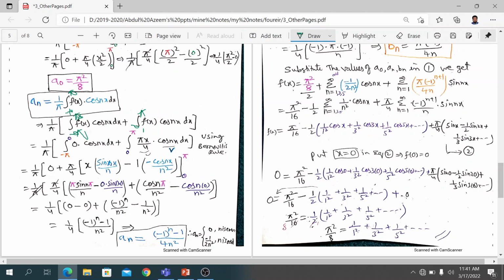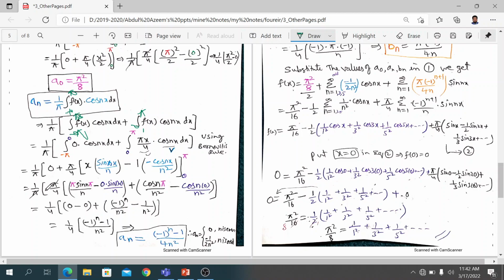Pi by 4 as it is outside. Upper limit minus lower limit, wherever x is there, first pi then 0: pi sin n pi by n minus 0 sin n 0 by n, plus cos n pi by n square minus cos n 0 by n square.